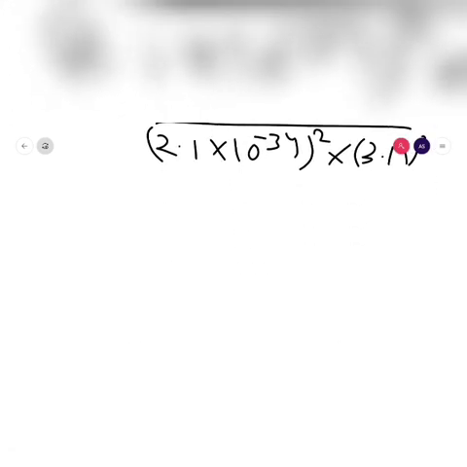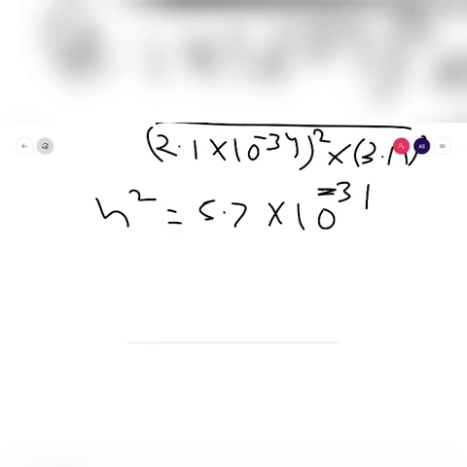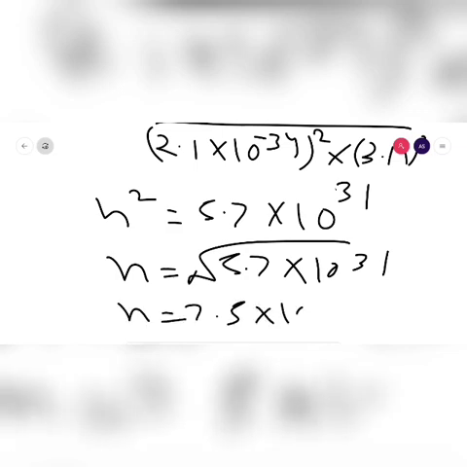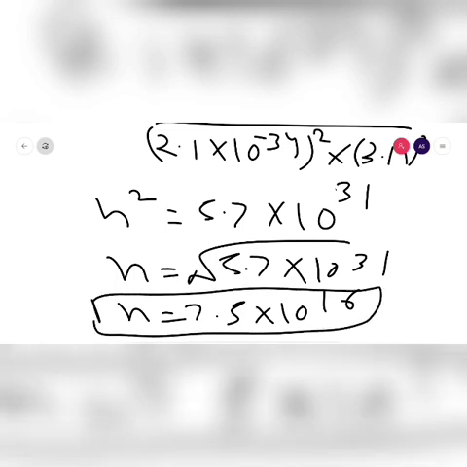You will get the value of n² is 5.7 × 10^31, sorry, this is 31 not minus, and the final value of n is equal to the square root of 5.7 × 10^31, and n is equal to 7.5 × 10^16. It will be the value of the quantum number.